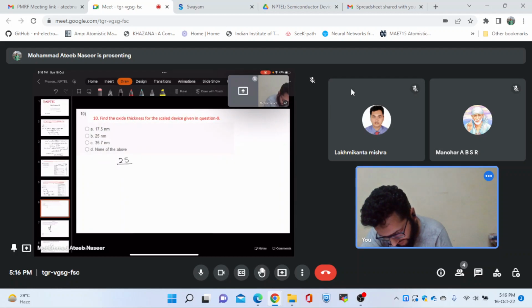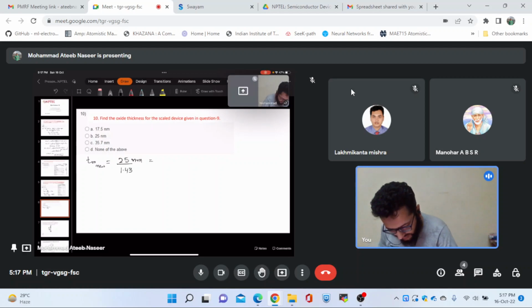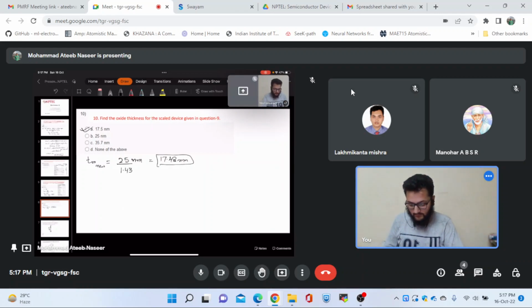So it will be 25 divided by 1.43 nanometer. This is T ox new. 25 divided by 1.43 is 17.48 nanometers, so it is approximately equal to 17.5 nanometer. So we have completed this assignment.